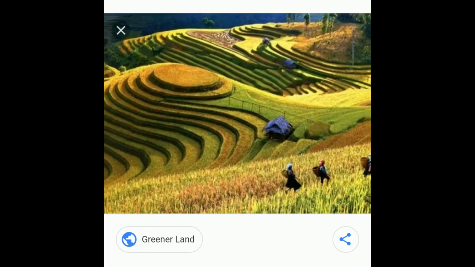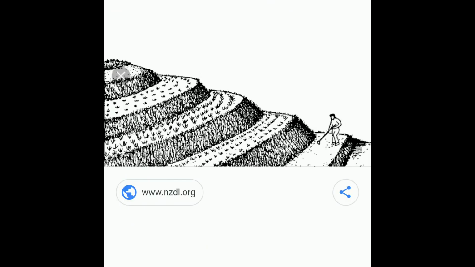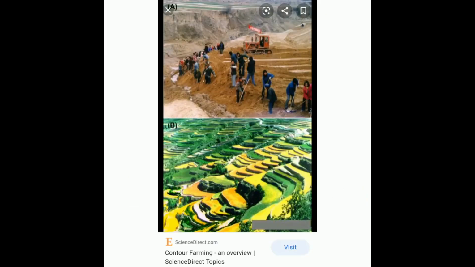So soil erosion is prevented. The sloping land is cut into different layers, thus forming a beautiful scenery, right? This is otherwise called contour farming, or sloping land cut into different layers.